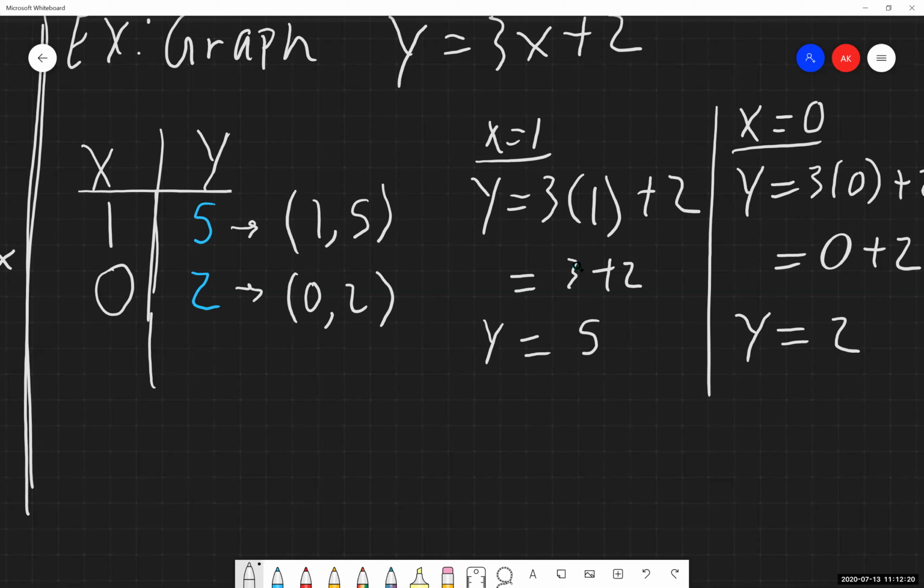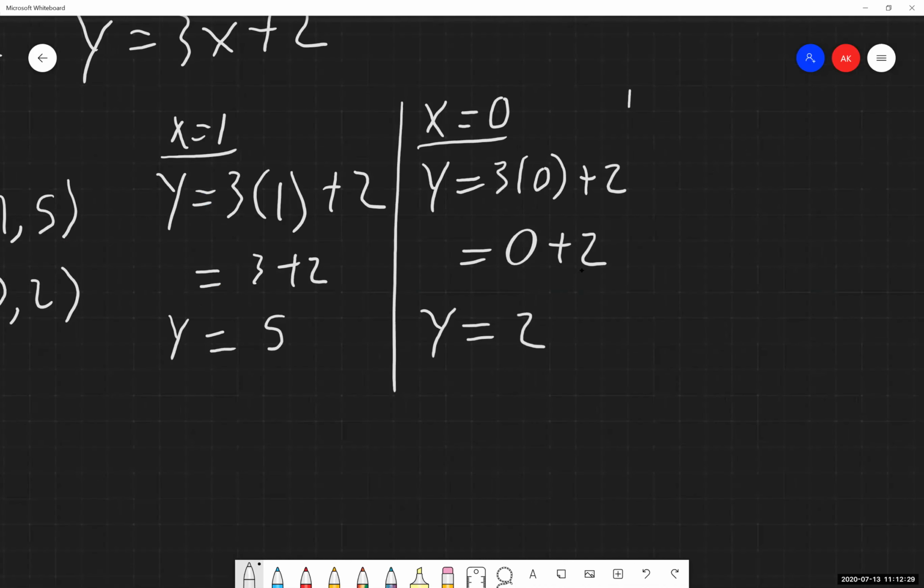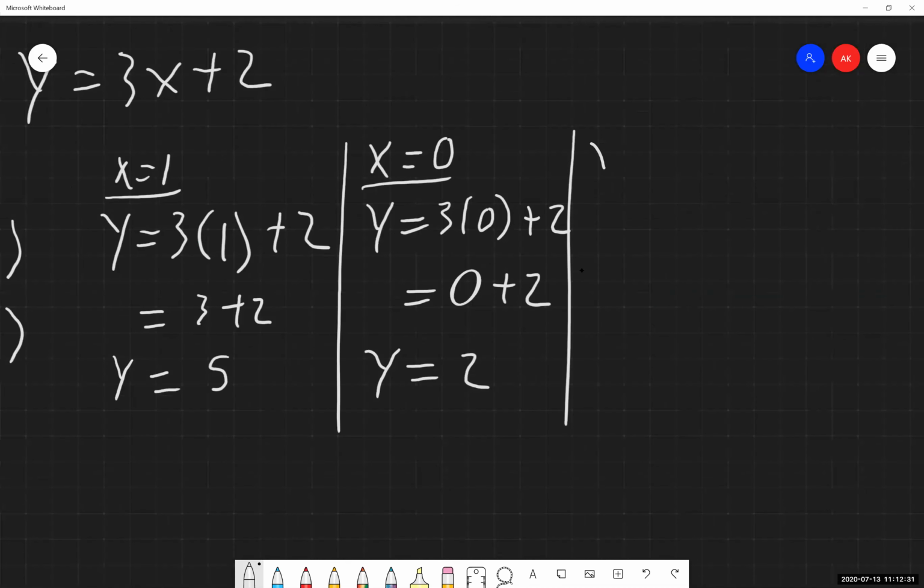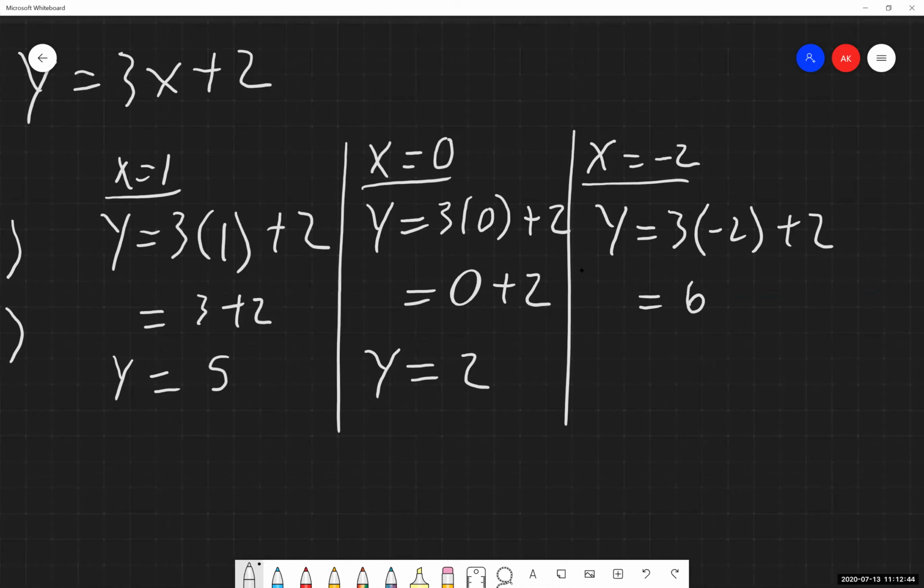So I'm going to choose an x value of, let's say, -2. So I'm choosing my x value to be -2. There's nothing wrong with having a negative in there. And again, just like we did with our previous ones, just plugging in -2 for x. 3 times -2 is -6. -6 plus 2 is -4.